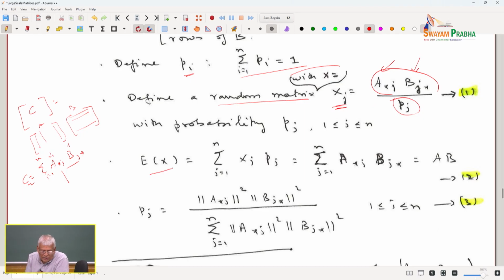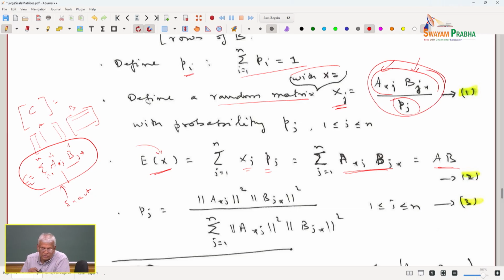So, E of x, the expected value of the random variable, is the sum of xj times Pj. Xj has the denominator Pj, so Pj will get cancelled. So, simply the summation of A star j times Bj star, that is AB, and that is exactly the expression I gave you. So, this is the exact product. The random variable is obtained by this matrix.